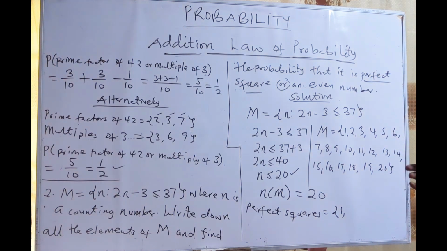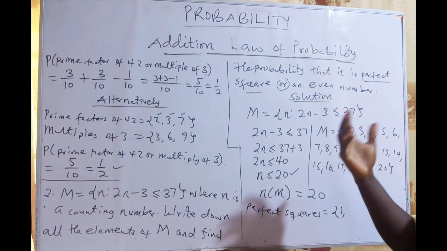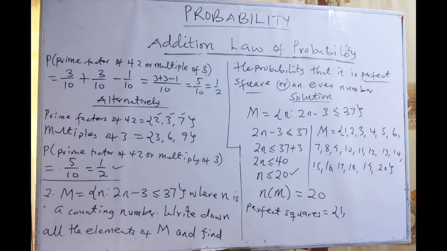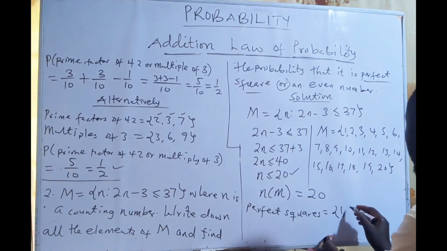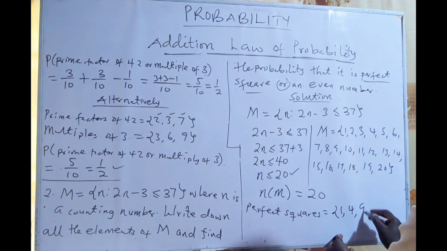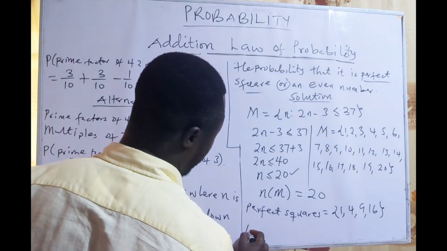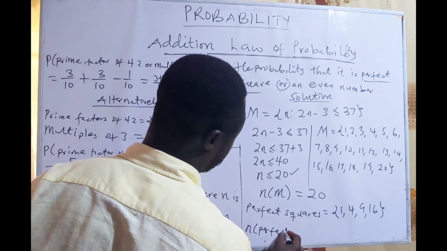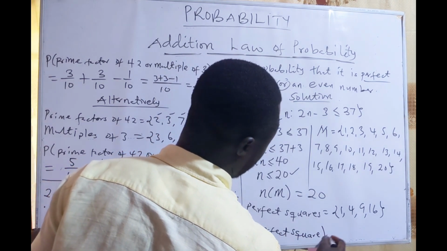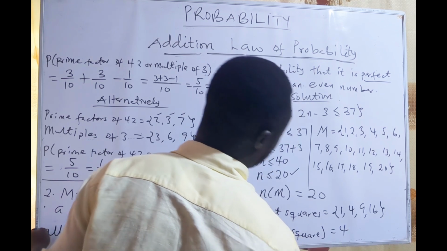A perfect square is a number you get when you multiply the same number by itself. 1 times 1 gives 1, 2 times 2 is 4, 3 times 3 is 9, 4 times 4 is 16, 5 times 5 is 25, which is outside the set. 25 is not included because it is outside the set, though 25 is a perfect square. So we have 1, 4, 9, and 16. Then you write the number of perfect squares, which gives us 4.